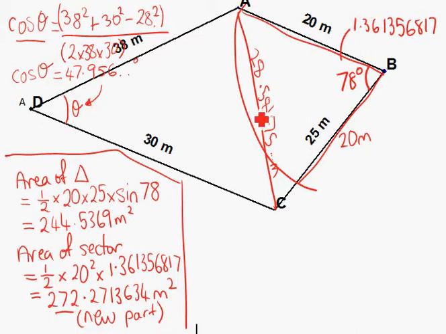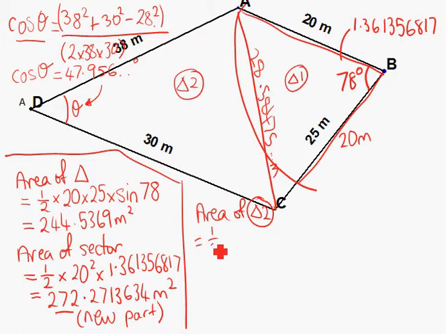Now that we've got that, we can work out the area of this triangle here. Perhaps if we call this triangle 1 and this triangle 2. The area equals half times 38 times 30 times sine of the angle in between that we've just found, the 47.956.